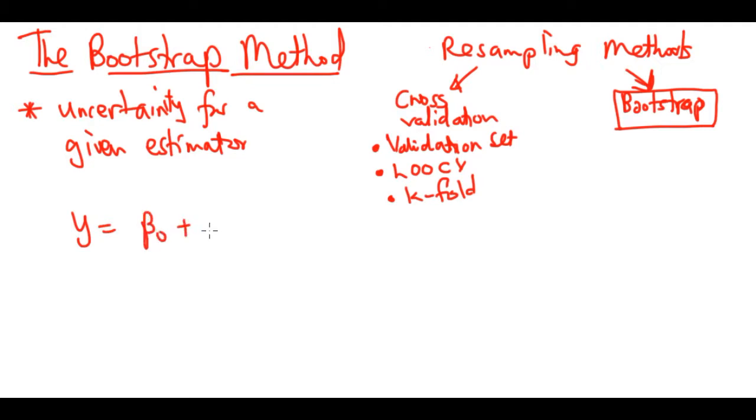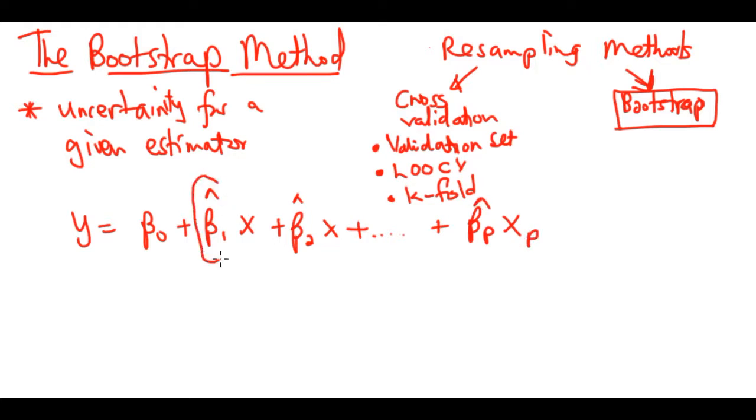Remember, it was supposed to be like this: the estimate, plus B2x, plus all the way up, let's say, to BPXP. So we wanted to know what is the uncertainty associated with each estimator like this. What is the associated uncertainty with, let's say, this estimator for B or for beta 1?